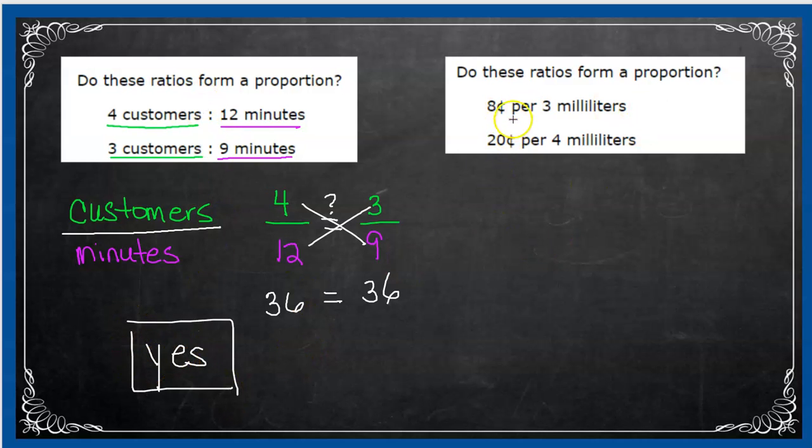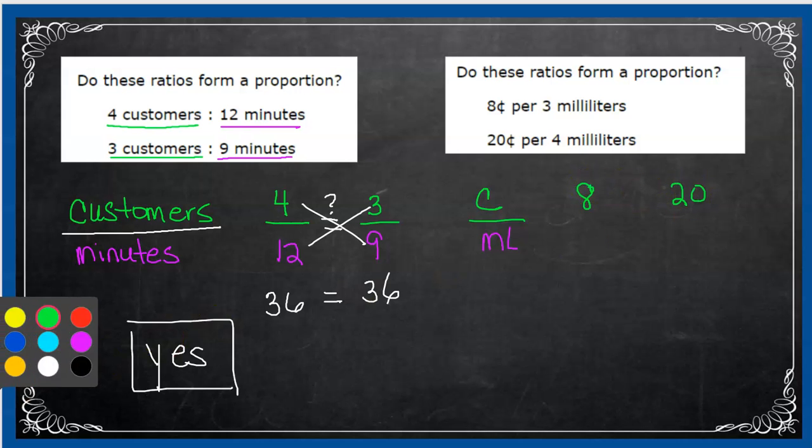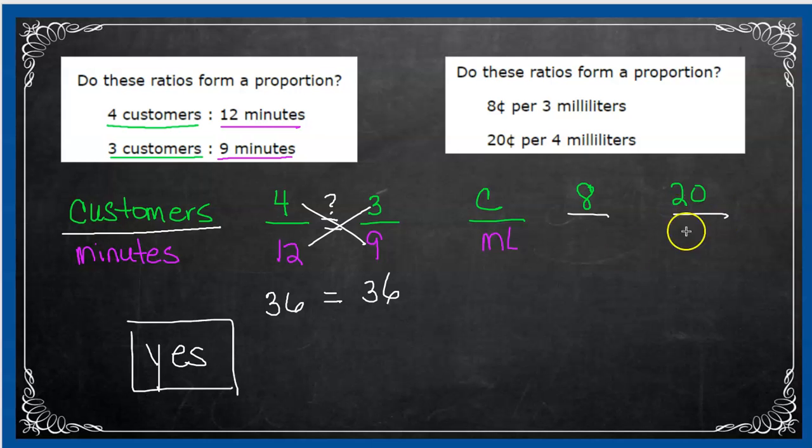Look at this one. So I want to put cents over milliliters. Okay, so 8 cents. So I'm going to have numerators of 8 and 20. Then my denominators are going to be 3 goes with the 8 and 4 goes with the 20. You also want to make sure you keep those straight too.